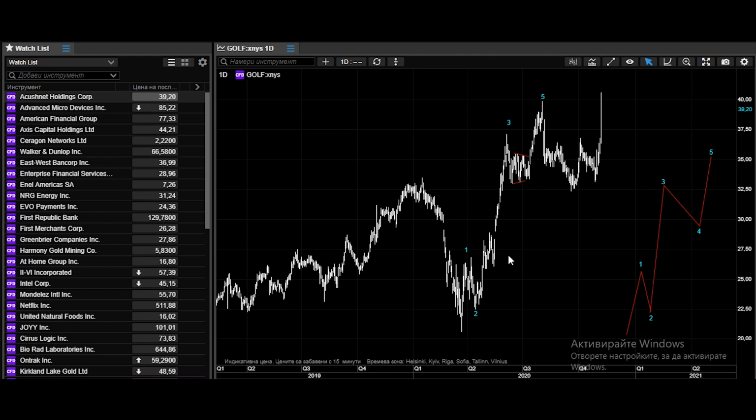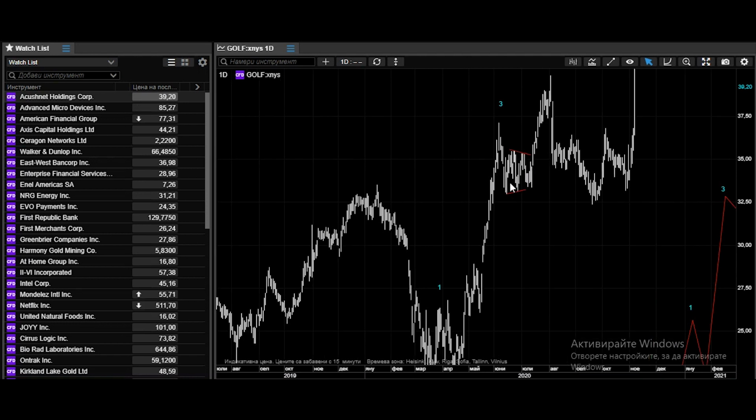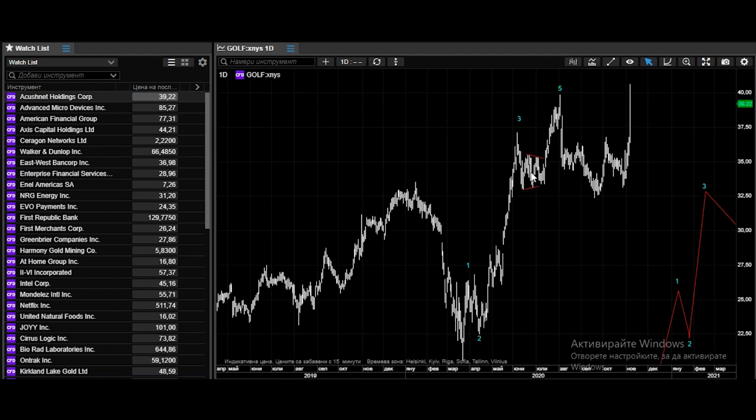In this example, we start from the bottom, and what we see is a very clean and clear 5-wave structure. Wave 1, wave 2, wave 3, a triangle for wave 4, and finally the 5th wave. Here I want to emphasize that a triangle can be formed only in wave 4, B wave and X wave.